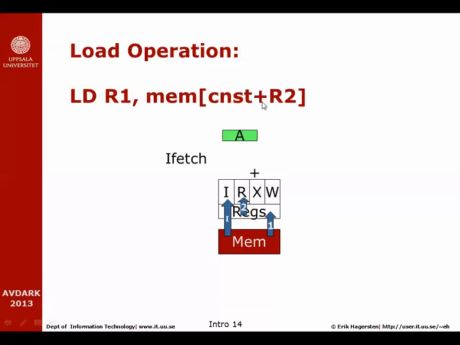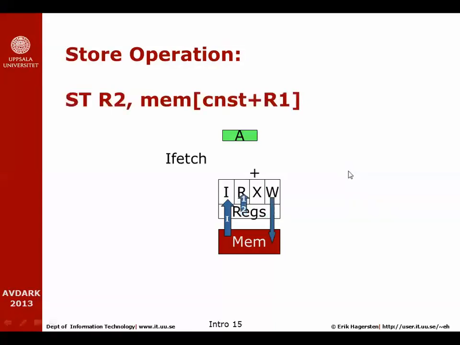In the X stage, we're going to take the contents of register 2 we just read and add that to a specific constant which is encoded in this instruction. And then at the W stage, we're going to read the value from that memory location into register 1.